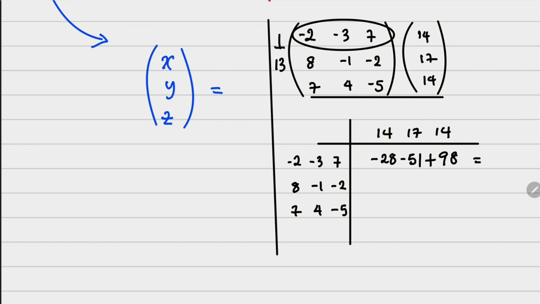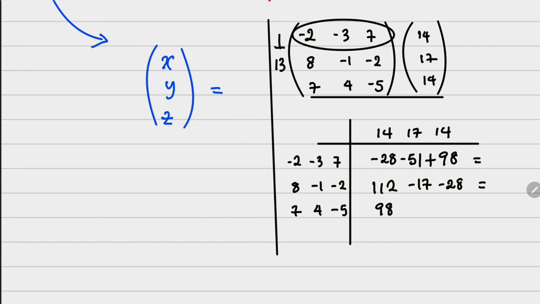So I'm going to have my answer here. The next one I'm going to do is 8 times 14, which is 112. Then I have minus 17. Then of course I have minus 28. I'm going to have my final answer here. The same thing here: 7 times 14 is 98.